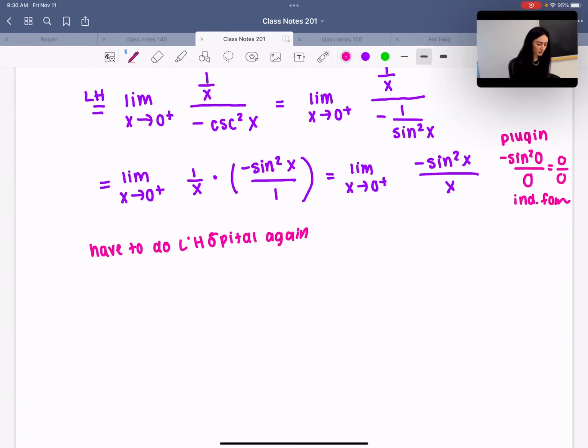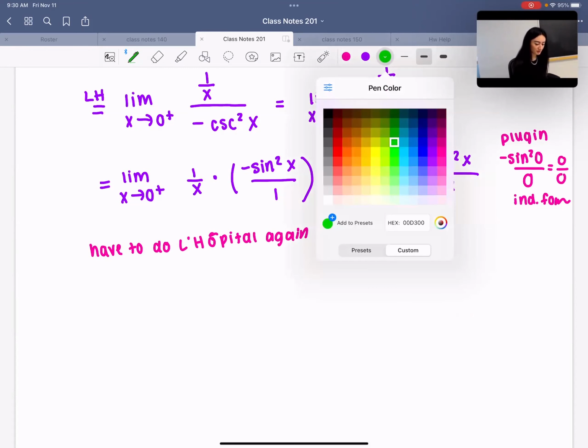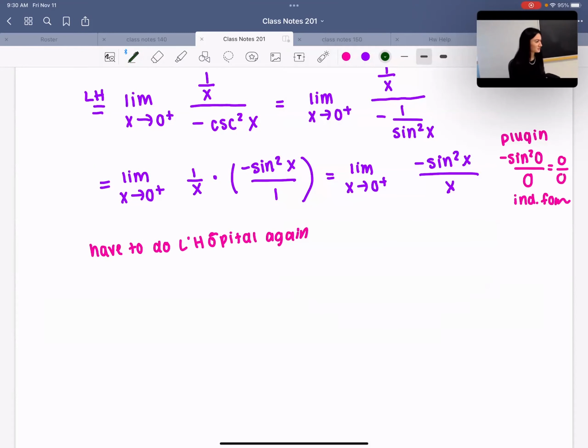What rule do you think I'm gonna have to use to find the derivative of negative sine squared of x? Chain rule, right? So chain rule. What's the outside function? Something squared, right? And the inside is definitely sine, right? Because we're squaring sine, right?